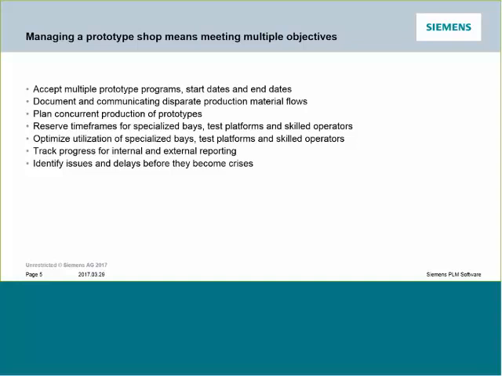People don't like to do that because people who are managing prototype shops, ultimately they want to achieve the quality and quantity and calendar targets for prototype completion. That is the North Star for the prototype shop manager. And an advanced production scheduling system can really assist you in that endeavor.